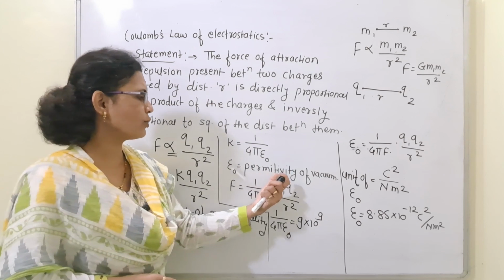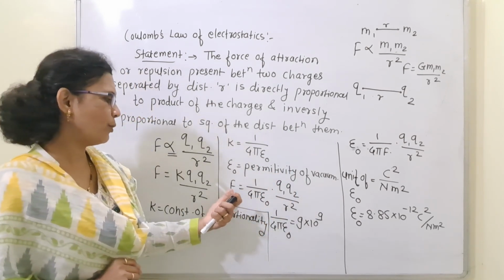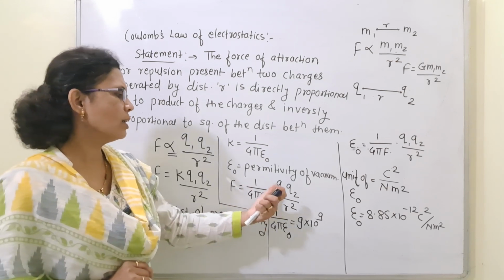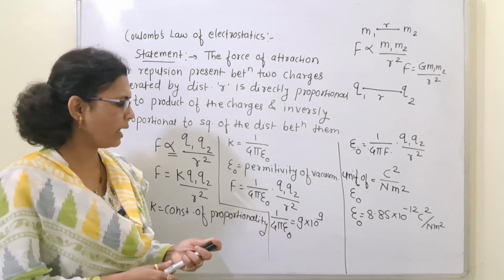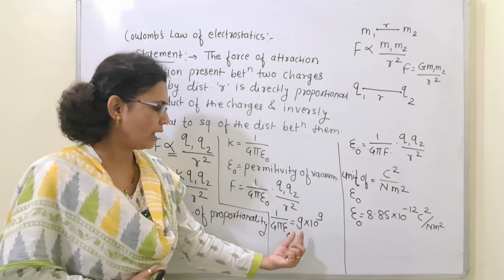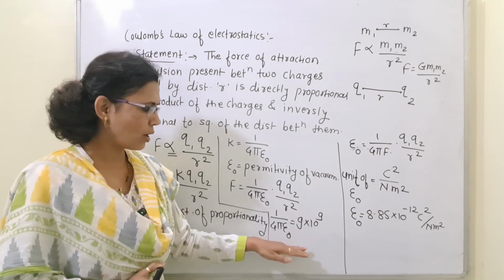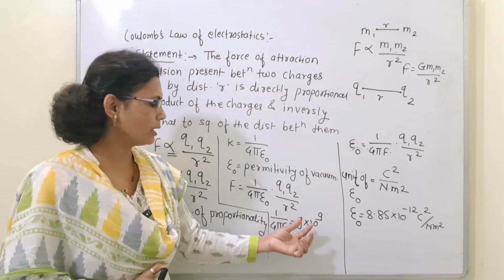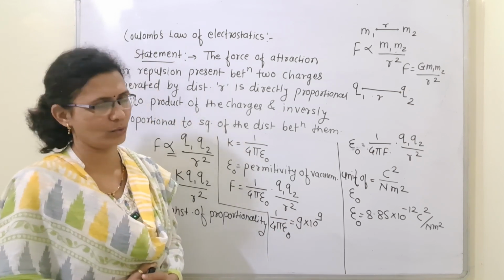Epsilon naught will be the permittivity of vacuum, and the formula will become F is equal to 1 upon 4 pi epsilon naught Q1 Q2 upon R square. And 1 upon 4 pi epsilon naught is a constant quantity having the value 9 into 10 raised to 9. It doesn't have any unit. So 1 upon 4 pi epsilon naught is equal to 9 into 10 raised to 9 only.